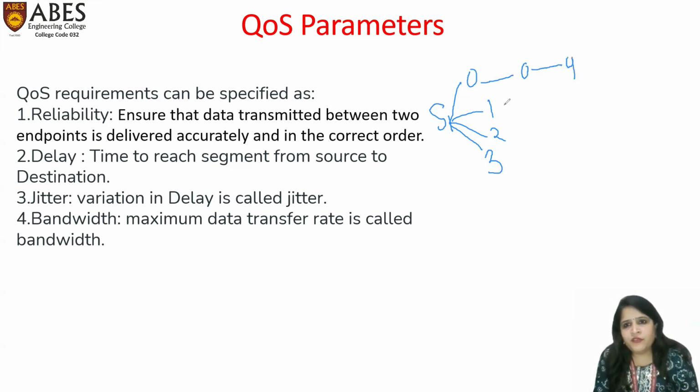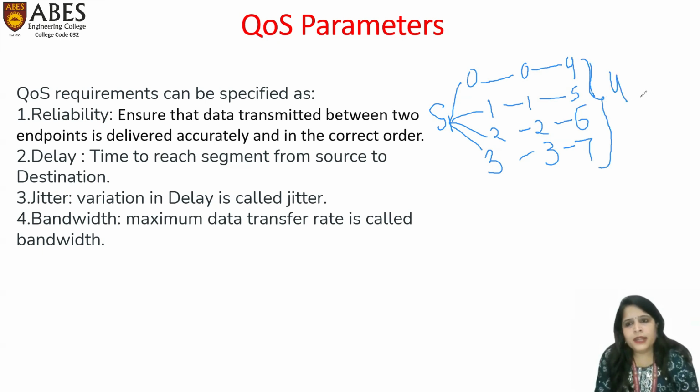Frame 1 arrival time is 1 and departure time is 5. Frame 2 arrival time is 2 and departure time is 6. Frame 3 arrival time is 3 and departure time is 7. So in that case, you can see the delay is 4, because the time for a frame to reach from source to destination is constant.